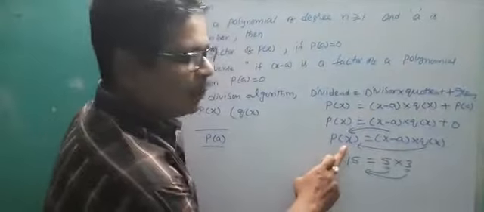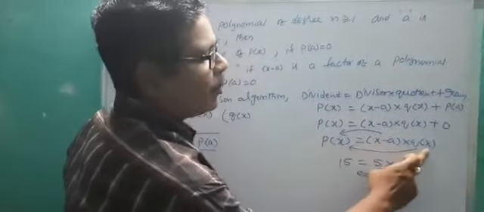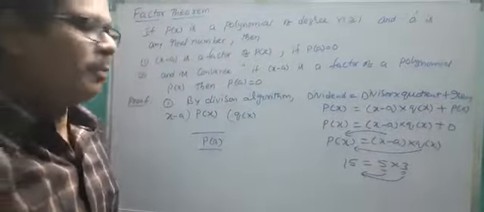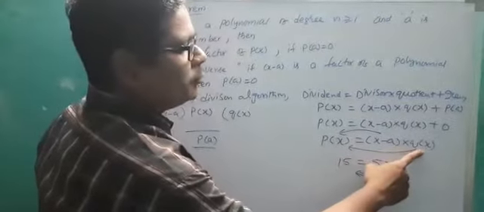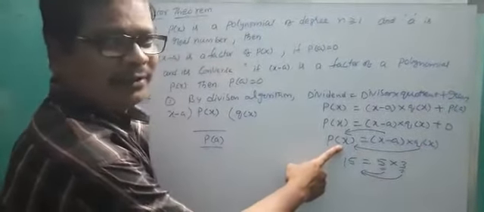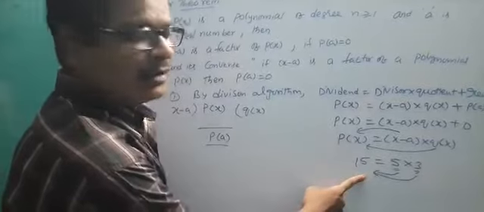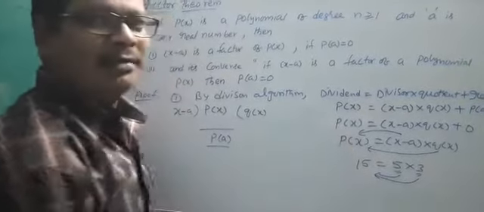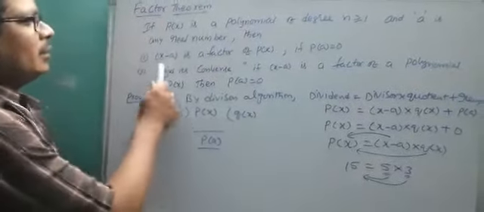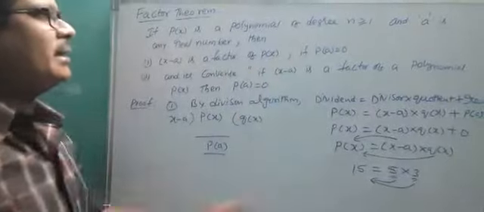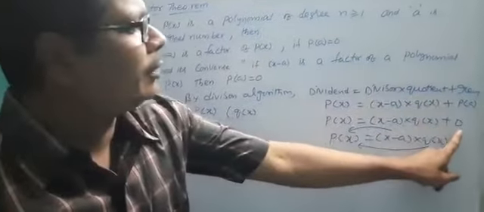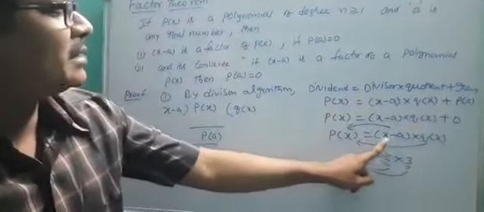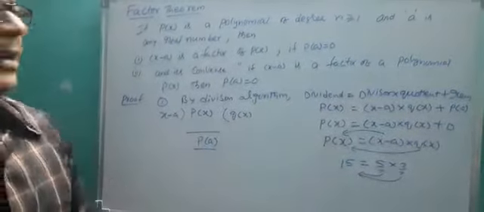That means this polynomial can be expressed as the product of two other polynomials, so these two polynomials are factors of p of x. This one is number theory and this is algebra. So the proof of the first one: if the remainder equals 0, then x minus a is a factor of p of x.